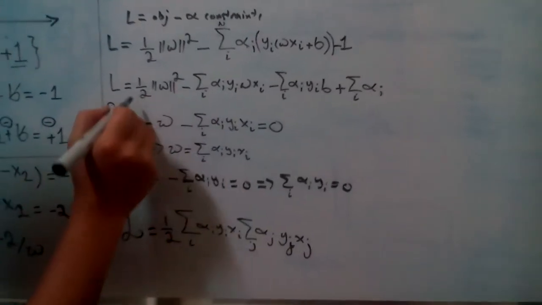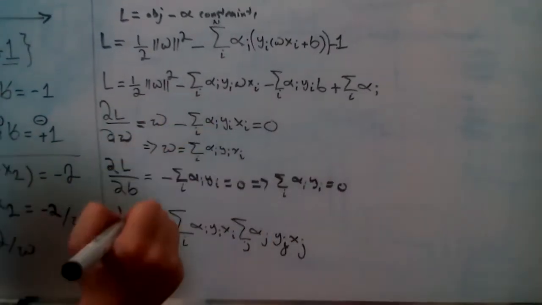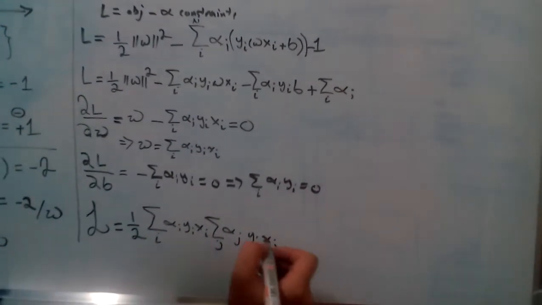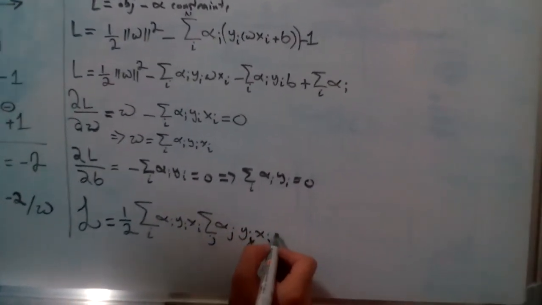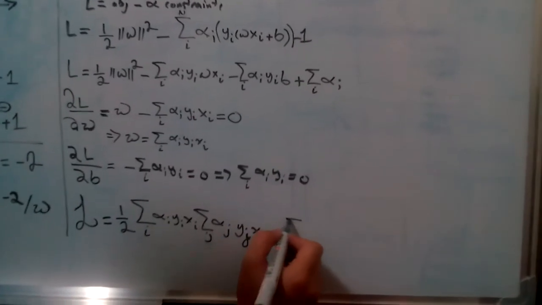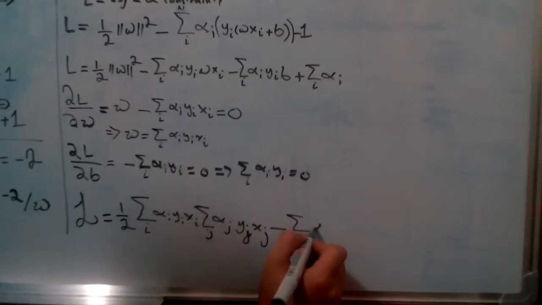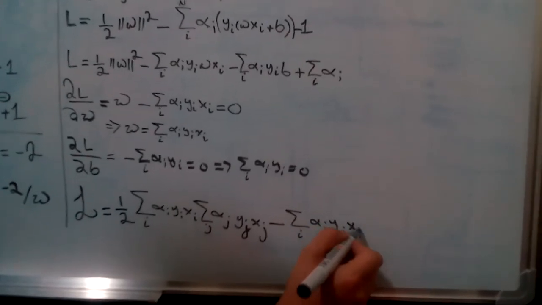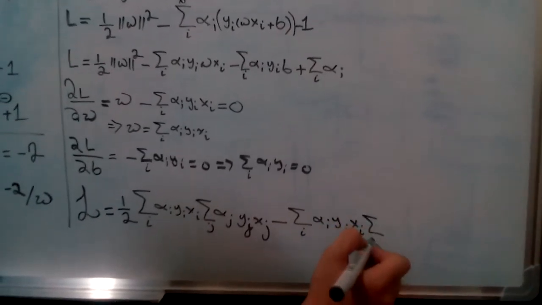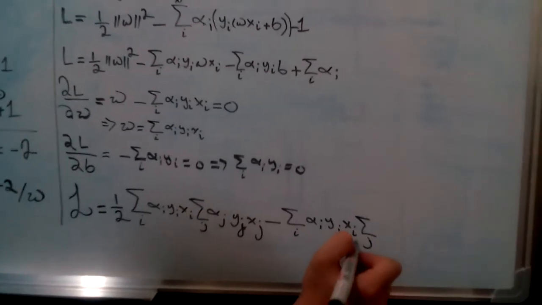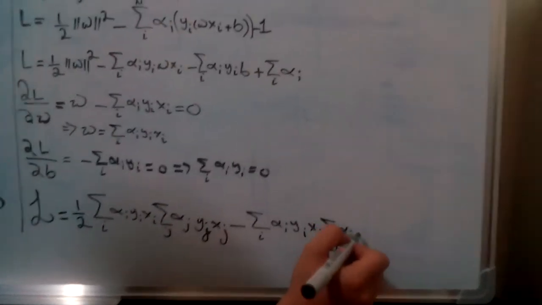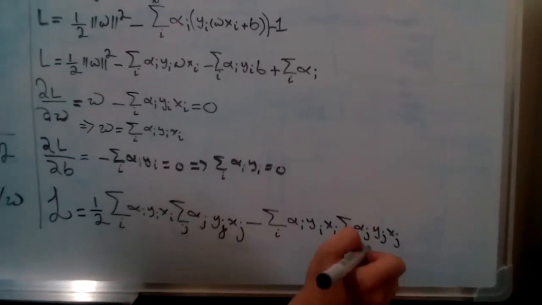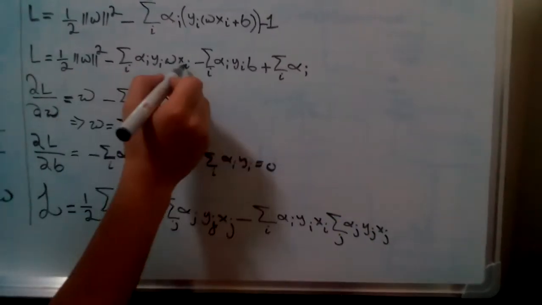So we are done with this part. Let's convert this one. This becomes negative sum over i, alpha of i, y of i, x of i, sum over j, alpha of j, y of j, x of j. So this part is done.